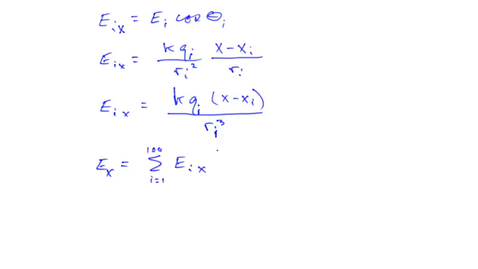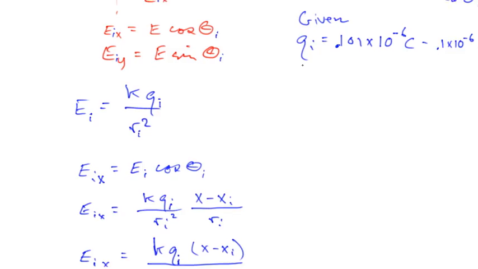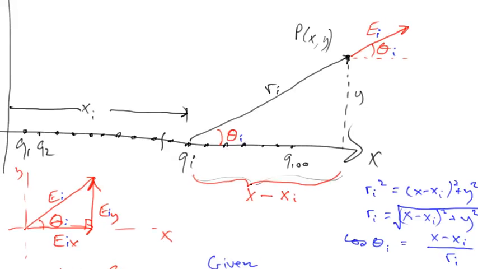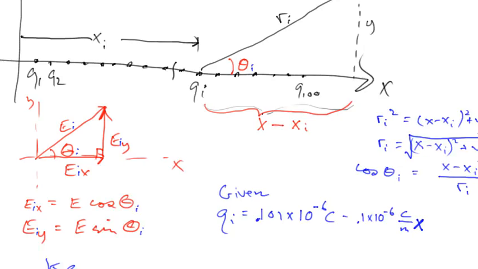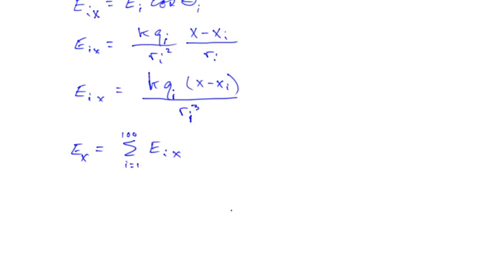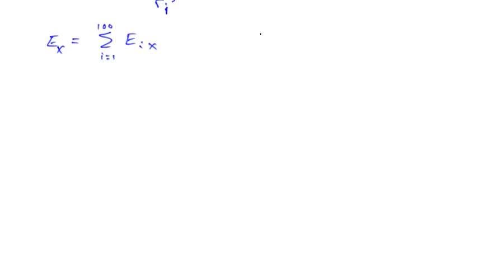I just add them like numbers. I couldn't add up the E's like numbers because they're vectors and they're pointing in different directions, but I can add up the x components, and I can think of it as adding up the x component vectors because they're all pointing in the same direction. That was part of the reason that I found the x components. The other part is because they're asking for the x component. So I think I got everything I need.